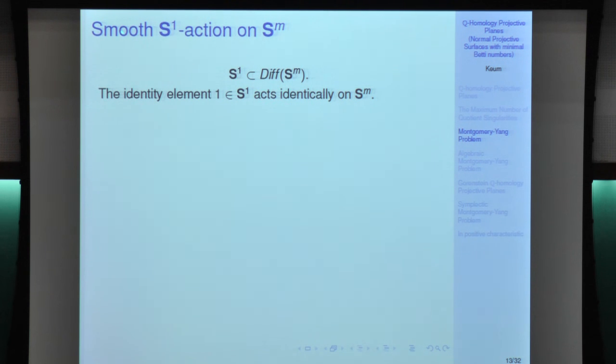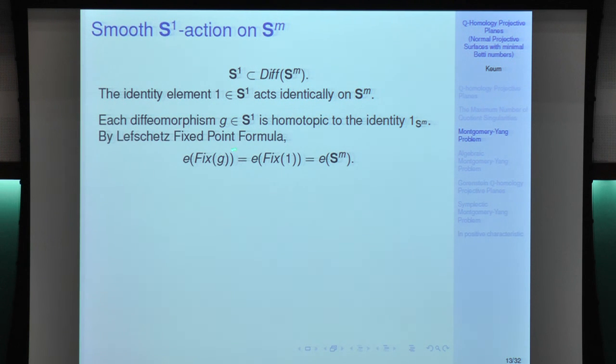Here smooth action means a C-infinity action. And then each diffeomorphism of S1 is homotopic to the identity. So by the Lefschetz fixed point formula, the Euler number of the fixed locus is equal to the Euler number of the fixed locus of the identity automorphism, which is the whole space.